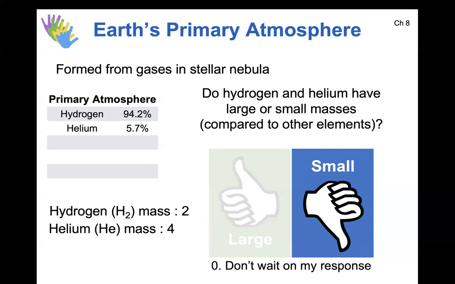So when we talk about hydrogen gas, it's almost never going to be atomic hydrogen. Instead, it's this molecule, H2. Two individual hydrogen atoms, each with a nucleus that just has a proton and no neutron, hence the mass of two, because there would be two atomic masses because of the two protons coming from one hydrogen each.